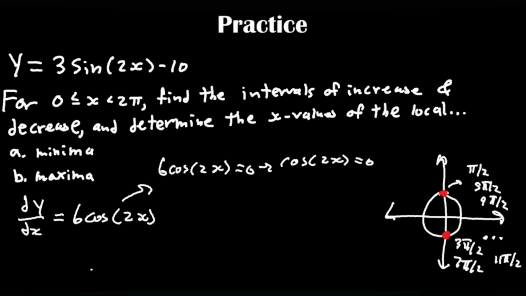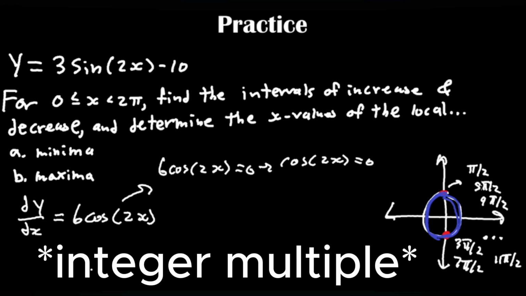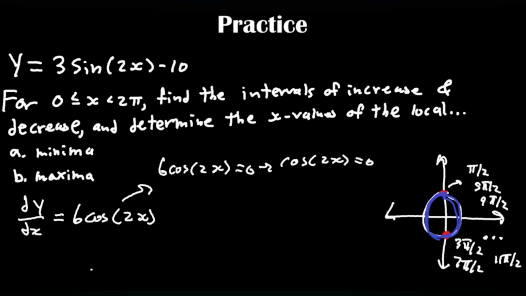So basically, if we keep going pi around the circle from pi over 2, we're going to keep hitting those zeros of cosine. What this means is that when the argument of cosine is pi over 2 plus some multiple of pi, that means that the cosine is going to be 0.